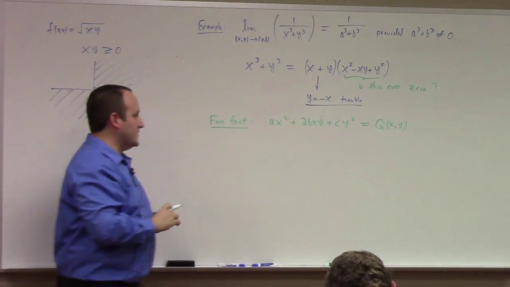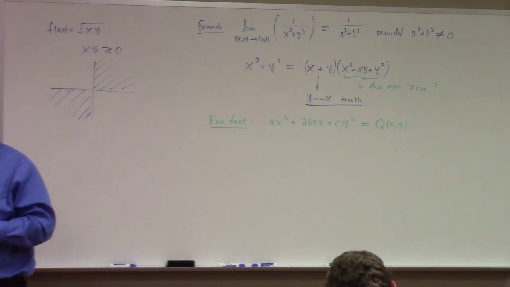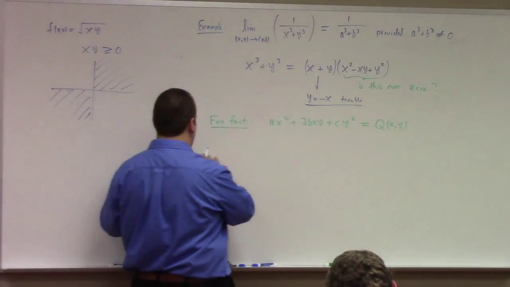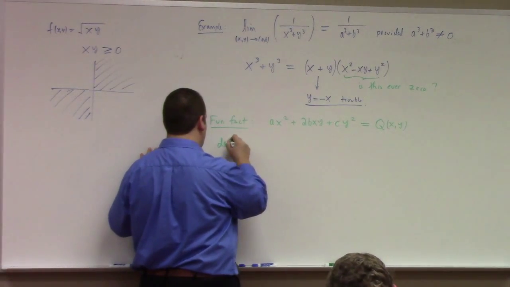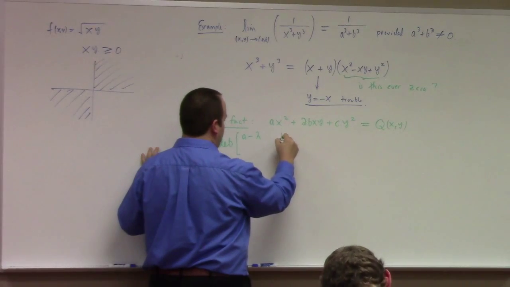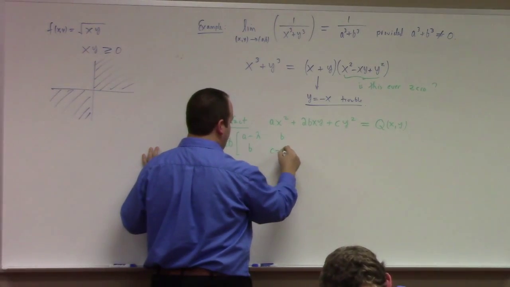In fact, this is what's known as a quadratic form in two variables. You can figure out whether this is positive or negative by looking at something called the determinant. So what you do is you look at the determinant of a minus lambda, b, c minus lambda.